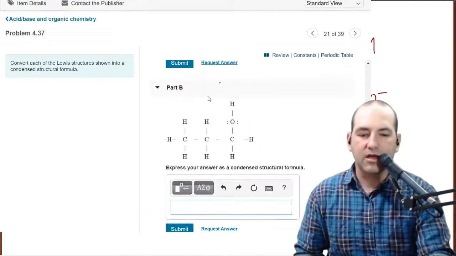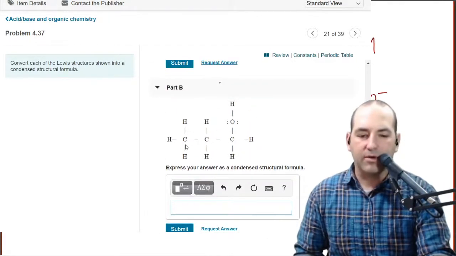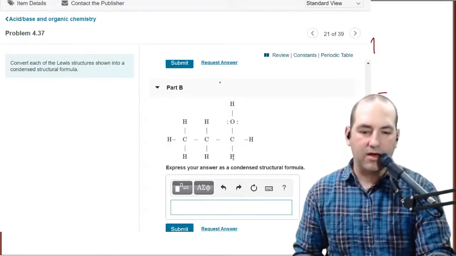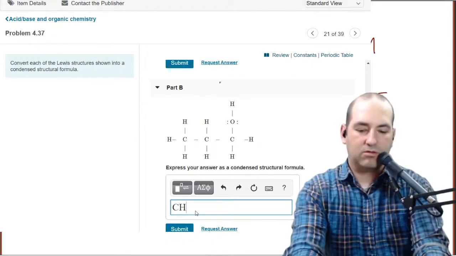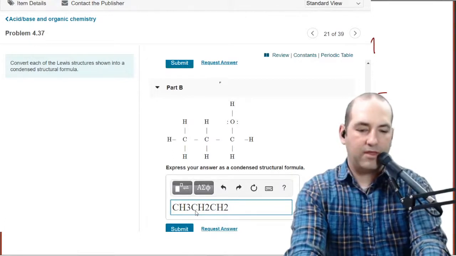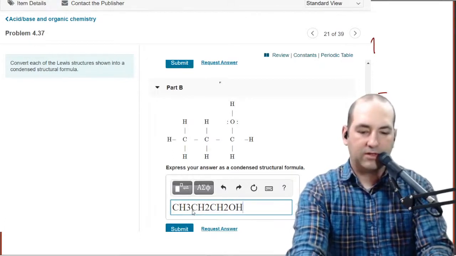So in this case, you would have 3 carbons, and then the hydrogens go with the carbon that they are attached to. So in this case, it would be CH3, CH2, CH2, and then OH. And then we have to get those 3s in subscript also.